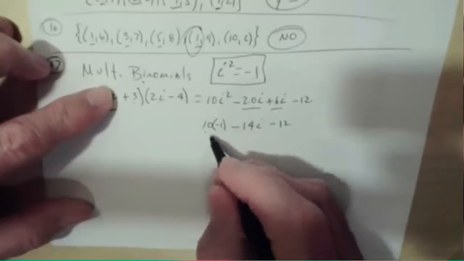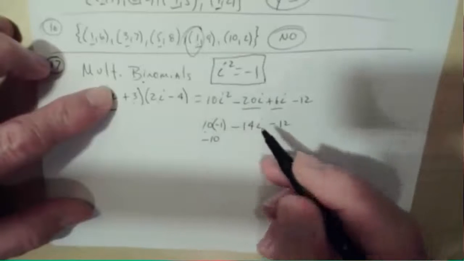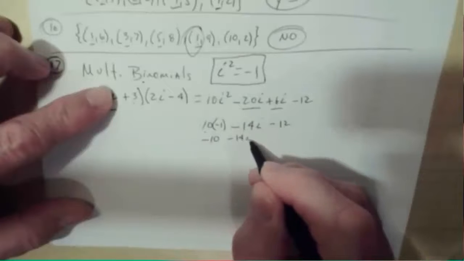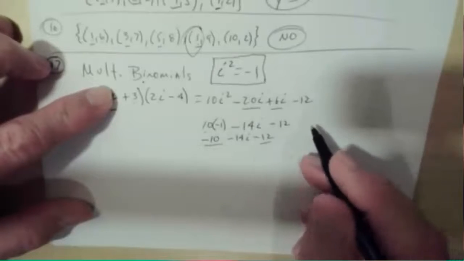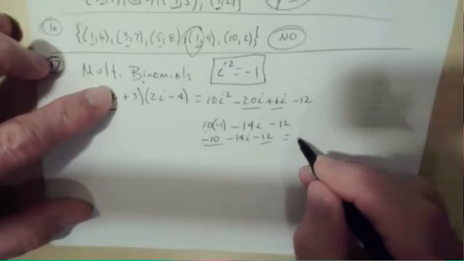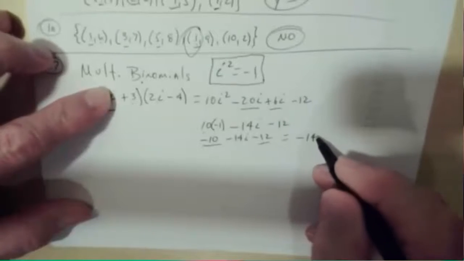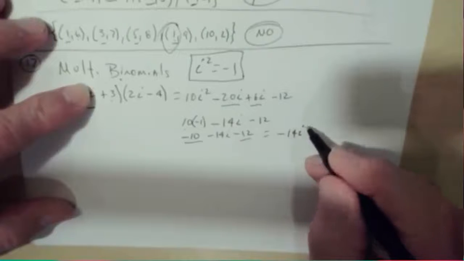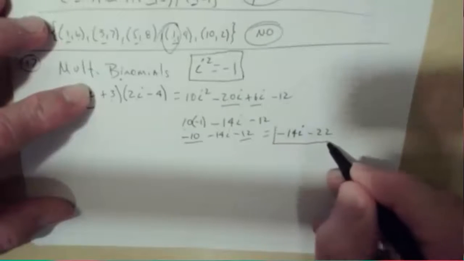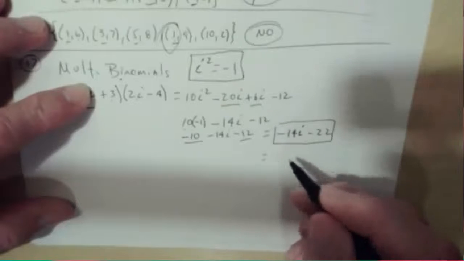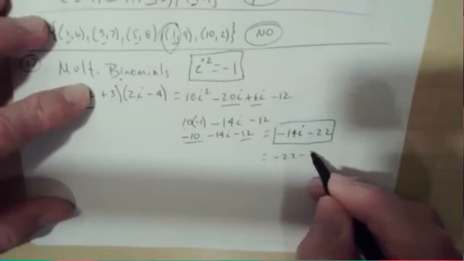Now 10 times -1 is -10. Minus 14i. Minus 12. Now we have like terms here and here. So this is going to equal -14i minus 22. Now this also equals -22 minus 14i.